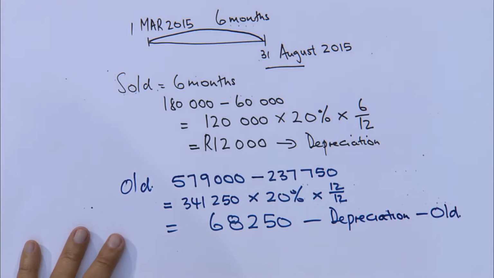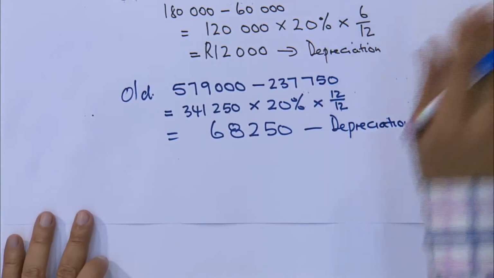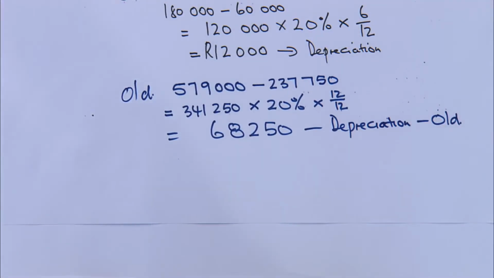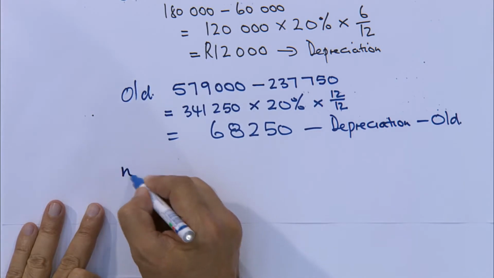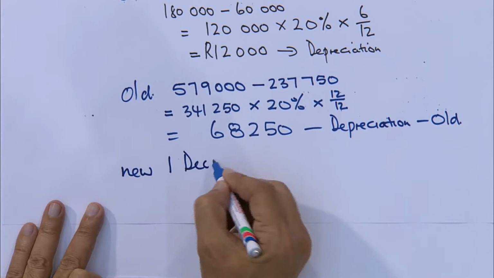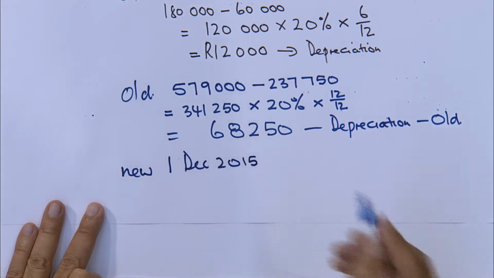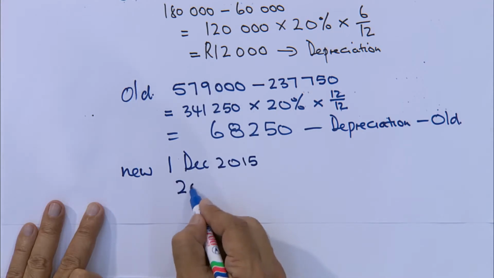Right, so now we have to calculate the depreciation on the new vehicle. Now remember, the new vehicle, you only bought it on the 1st of December 2015, and the cost price was 200,000.